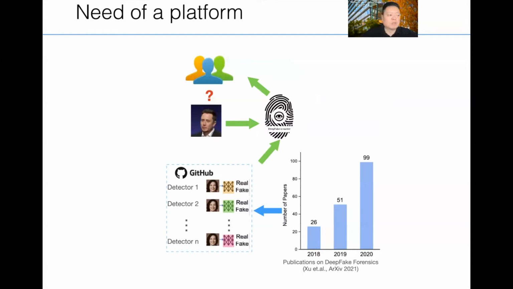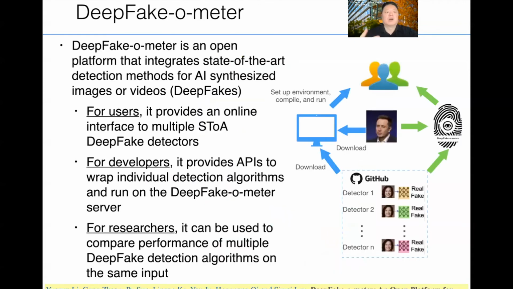So it is for this reason that we developed the DeepFake-O-Meter platform, which is an open platform to bridge the gap between the state-of-the-art deepfake detection methods and the user. Our design philosophy is to have an open source, online, and user-friendly interface to various deepfake detection algorithms as a portal.